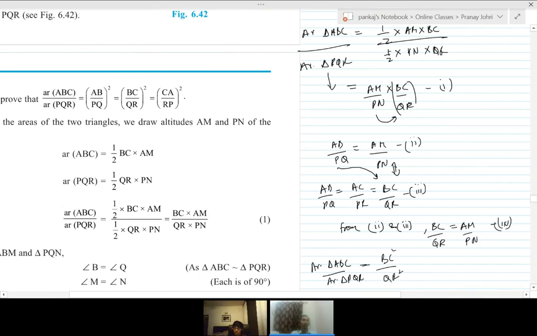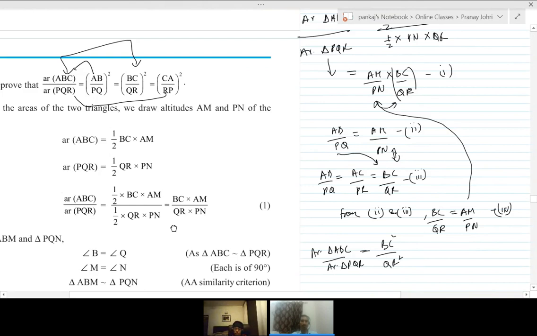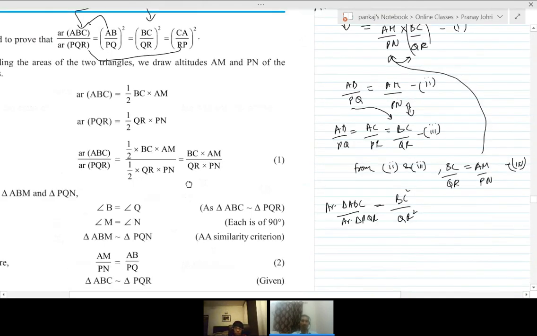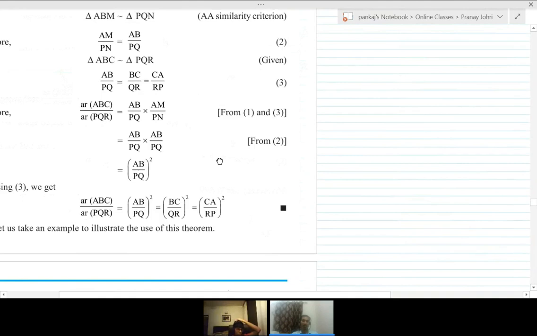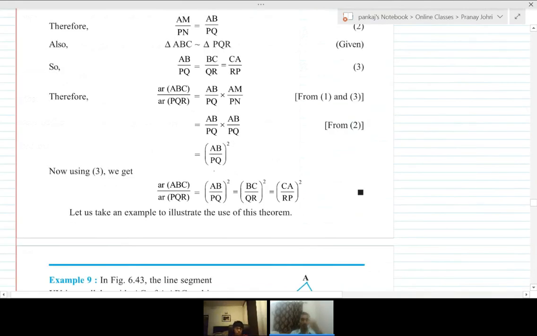This is one section of it, and similarly we can interchange the altitudes and prove the other ones. We need not solve and show it; we can just write 'similarly' if needed. So hope you got this theorem.